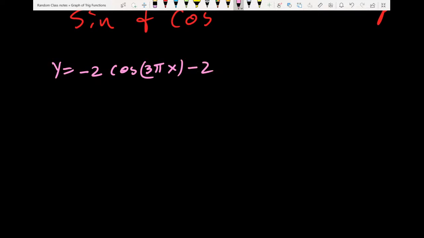Try to graph this. Is your calculator on regular?